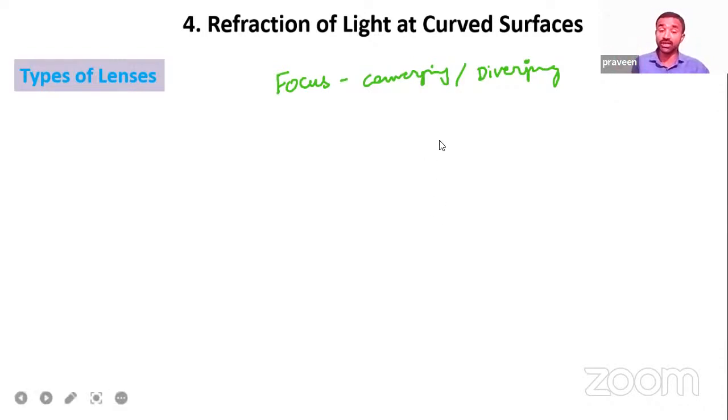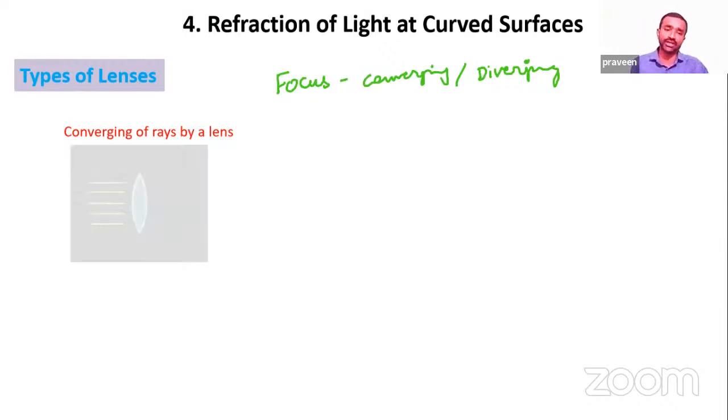Is converging of rays by a lens possible or not? Yes, possible. So what is converging of light rays? Actually, the light rays meet at a common point after refracting through a lens.